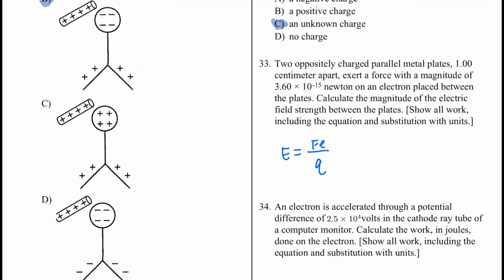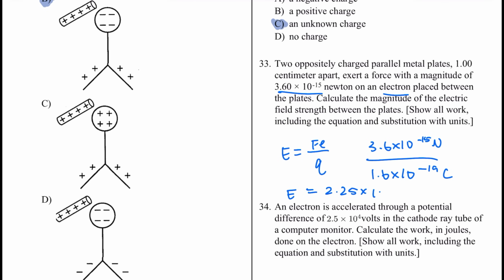It tells us electrostatic force right here, so we just plug in. So 3.6 times 10 to the negative 15 Newton over q, which is charge. It tells us that we're using an electron here. So the charge of an electron is on the reference table. It's 1.6 times 10 to the negative 19th coulombs. So solve this out, you're going to get an electric field strength of 2.25 times 10 to the 4th newtons per coulomb.